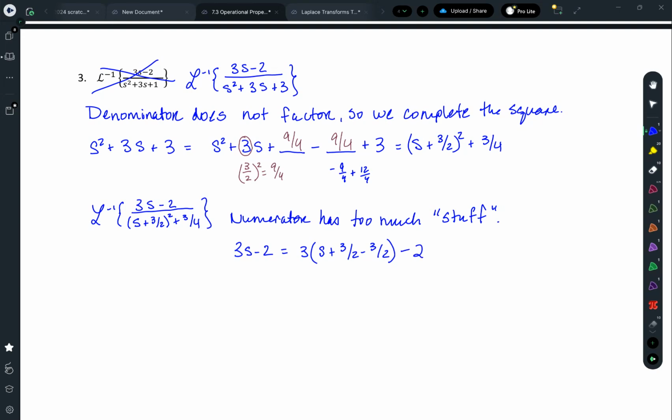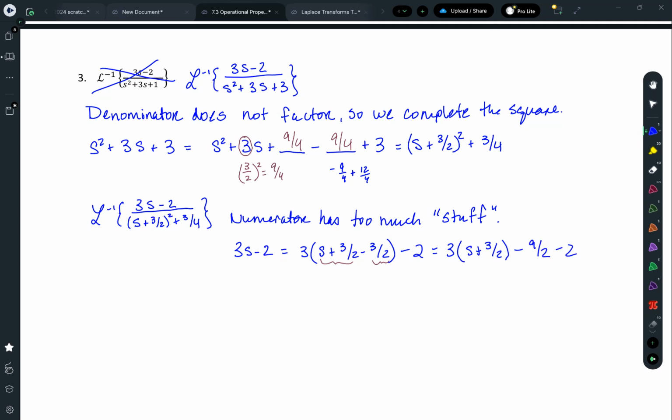Okay, so I haven't done anything except add in a funny looking 0 in order to get what I need for this problem. Now I'm going to distribute the 3 across to the two terms, where one of the terms is s plus 3 halves and the second term is minus 3 halves. So this then becomes 3 times s plus 3 halves, and then minus 9 halves, and then the minus 2.